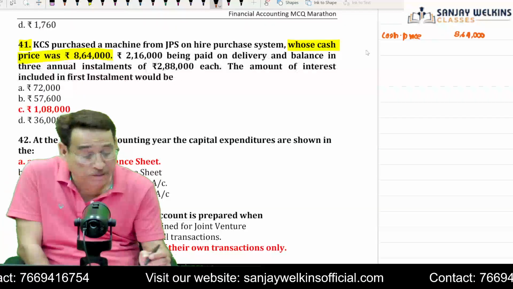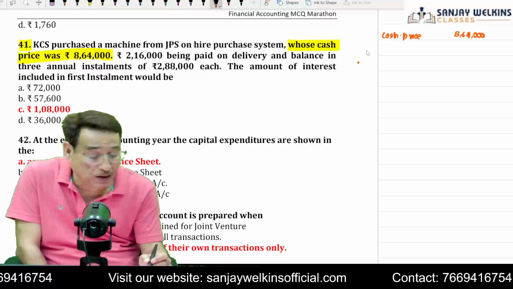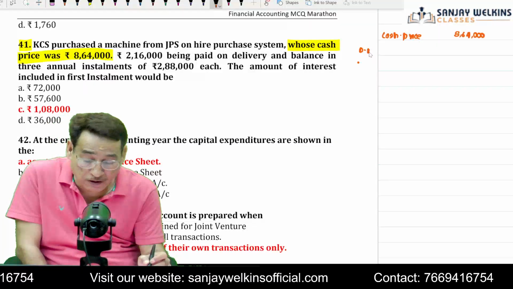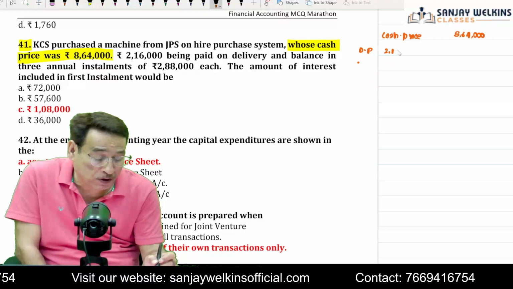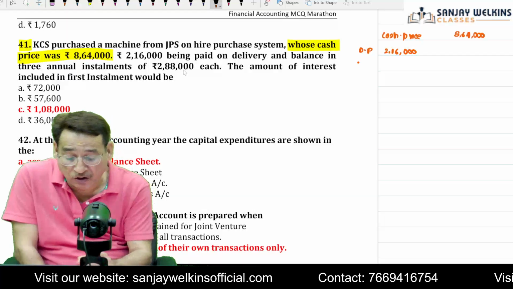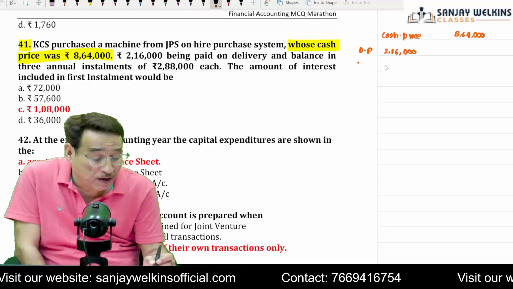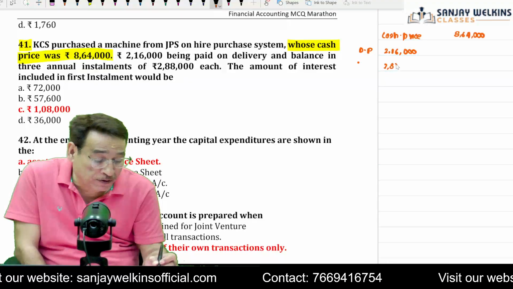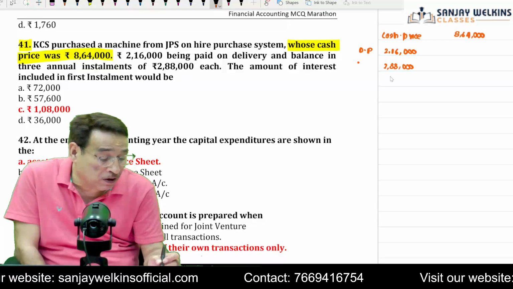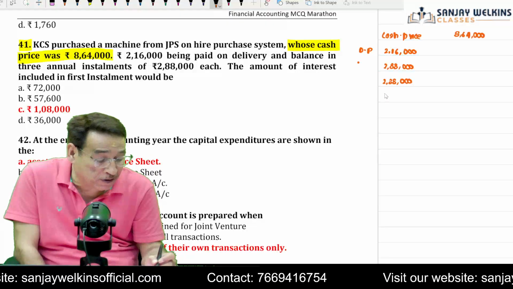Further, it is given that we are supposed to make a down payment. Down payment is 2,16,000. And then the balance in 3 annual installments of 2,88,000.